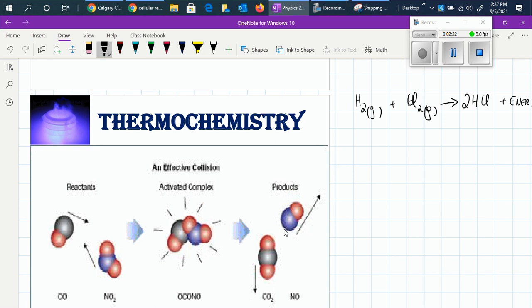So what you see here in terms of the kinetic energy is a reaction process.